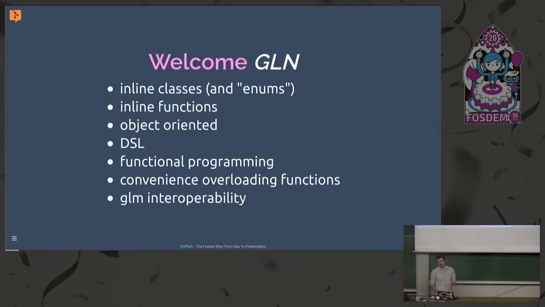Functional programming, so you can pass around lambdas whenever needed, and there are also some convenience overloaded functions that take out parameters which are quite obvious, so we can have more concise code. It plays quite nicely with another library, GLM. It's basically a port of the original C GLM.